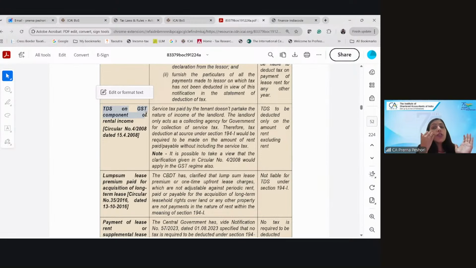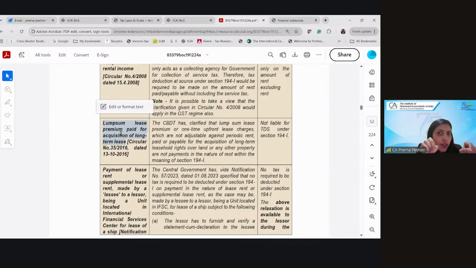When you pay that lump sum lease premium or upfront lease charges, which are technically to get that long-term lease and are not in the nature of periodic rent payment or to be adjusted against the rent payment in future, can those be called rent? The CBDT has clarified no. These are not rent because these are one-time charges, not adjustable against the periodic rent payment, and therefore the TDS under 194I will not be applicable in that case. Fine?